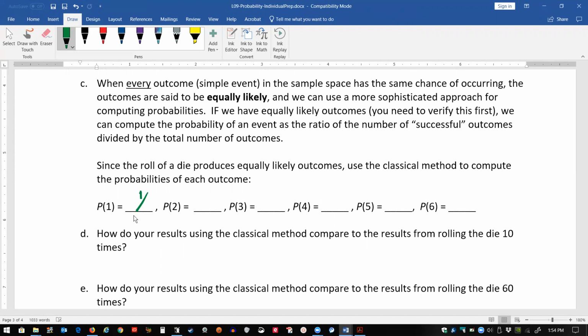And how many total possibilities are there? There's 6. So my theoretical probability of rolling a 1 on a single die is 1 in 6. What about for 2? Well, we already said that these events are equally likely, so that would also be 1 out of 6, and 1 out of 6, and 1 out of 6, all the way across for our theoretical probabilities.